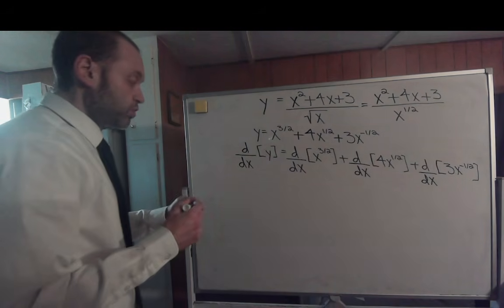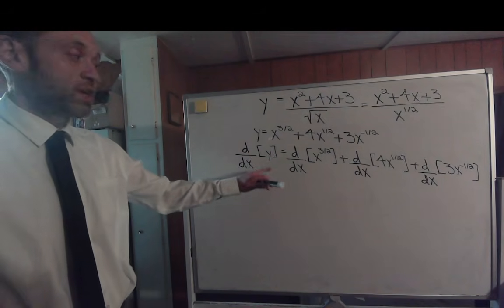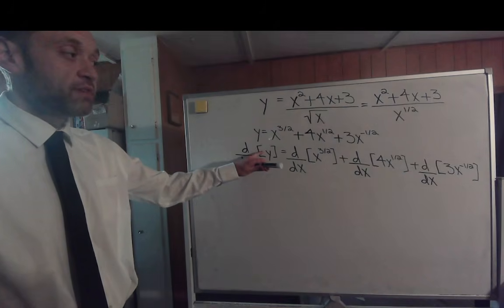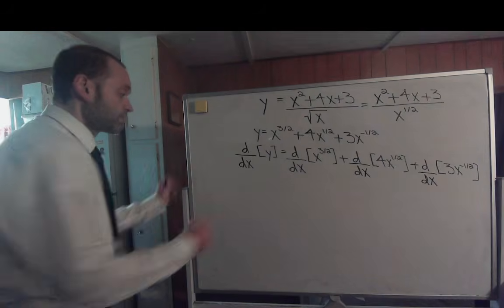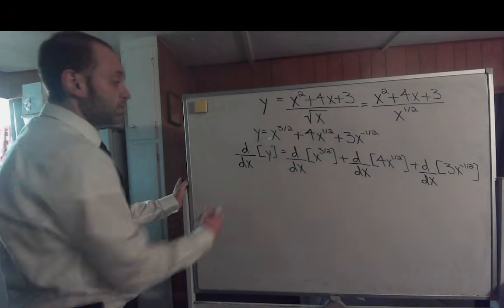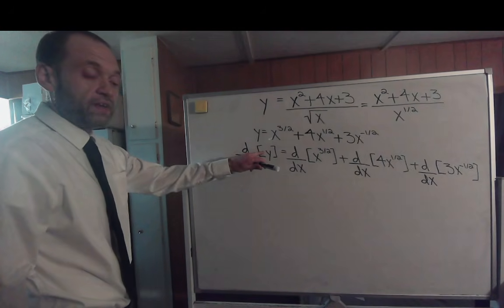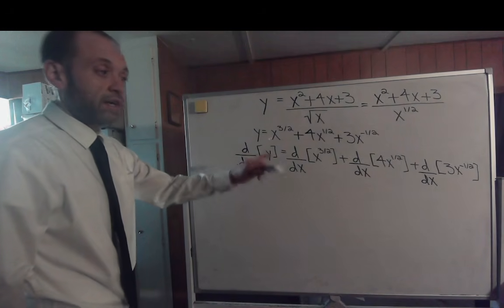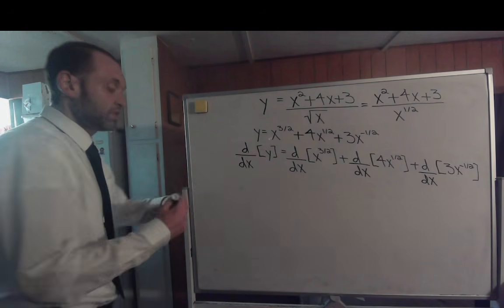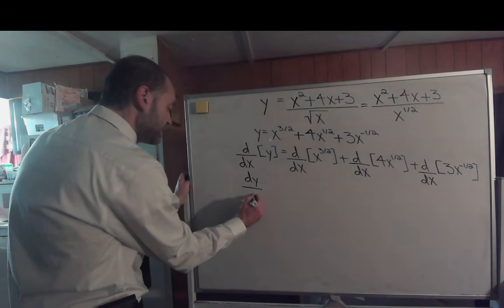Well, now of course what we're going to do again is treat that y like it's the x variable temporarily. The derivative of y would just be 1, but 1 times anything is itself, but now we have to deal with the fact that y's the function, not the variable itself. Y's the function, so this would just become dy dx.